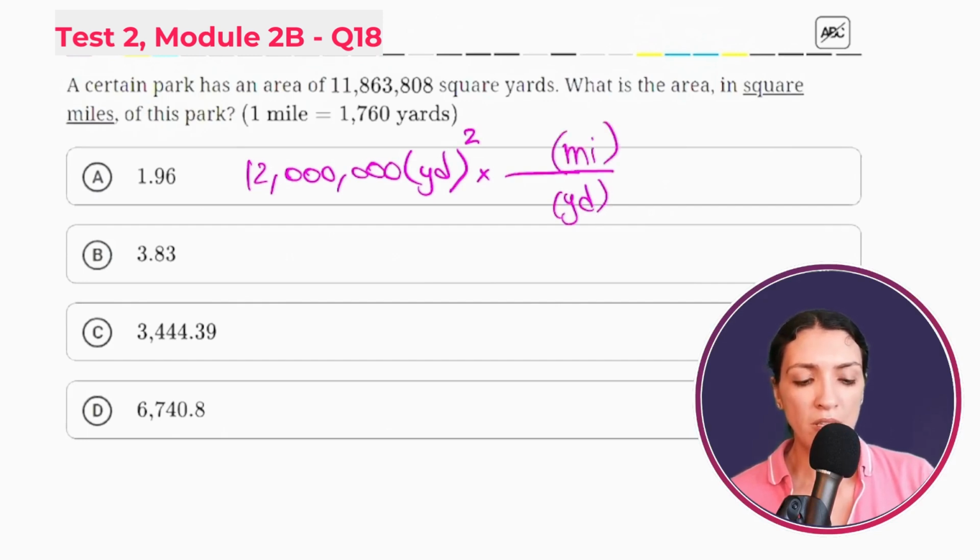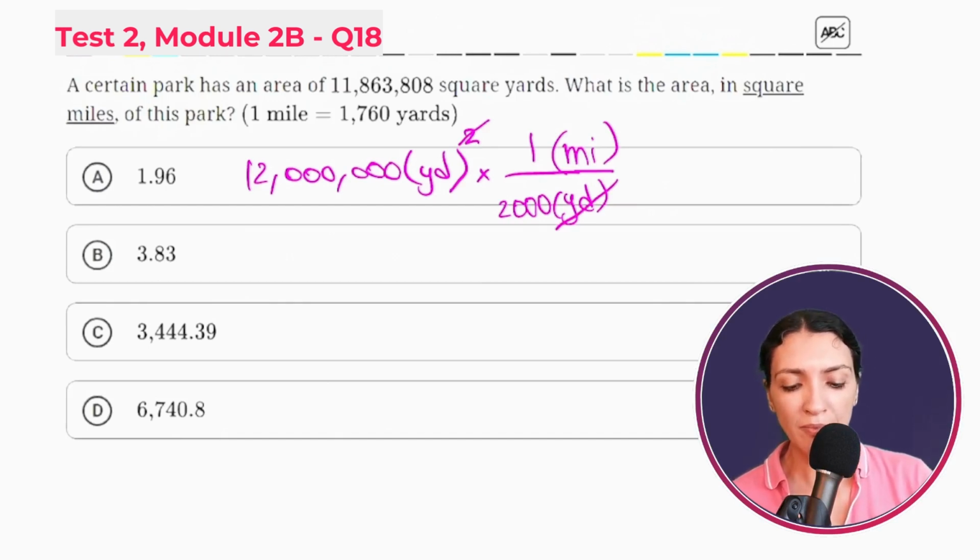Now, we're going to put in the numbers. 1 mile is 1760 yards, which I would put as 2,000 yards since we're doing this via estimation. Now, let's look at our units. 1 yard from the bottom will cancel out 1 yard on the top. We still need to multiply this by another conversion factor to completely convert this to miles squared.